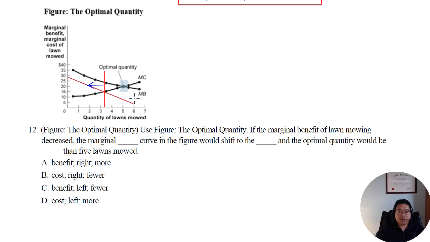This is the original optimal quantity, and here my arrow is pointing to the new optimal quantity. We have a lower optimal quantity, less than 5. So it should be pretty clear what the answer is.